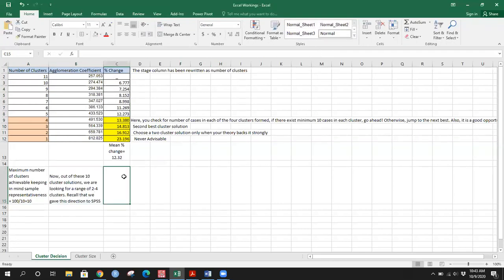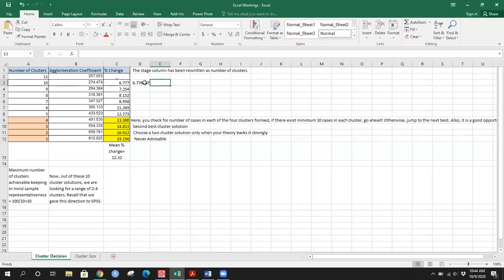So that's why. Okay. Now to do this, I'm going to make a third column called the percentage change in agglomeration coefficient. To do so, I will take the formula: equal to, bracket start, again a bracket, then you give this cell, that is B3, minus B2, then bracket close, then divide. I have to divide it by the original, that is B2, then bracket close, and then lastly multiply by 100.